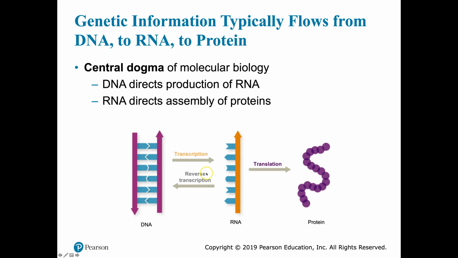Notice it mentions reverse transcription. This is talking about one of the prime examples, which is HIV. HIV has an RNA core. It has RNA genetic material. So it infects the cell with RNA, but it goes backwards and makes DNA, and then goes forward, going through transcription to make mRNA, and then translation to make a functional protein.